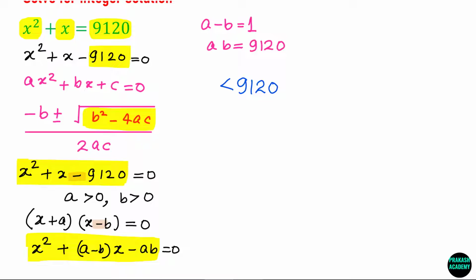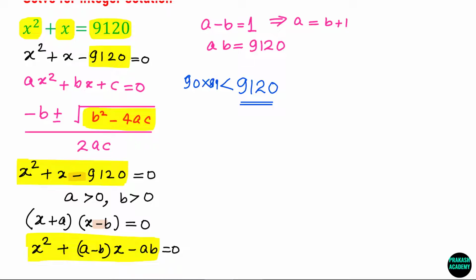Now since a and b differ by 1 only, let us say if I take b is equal to 89, because from this equation you can say a is equal to b plus 1. So if I take b is equal to 89, then a will be 90. So 90 into 89. So this number is less than 90 square.